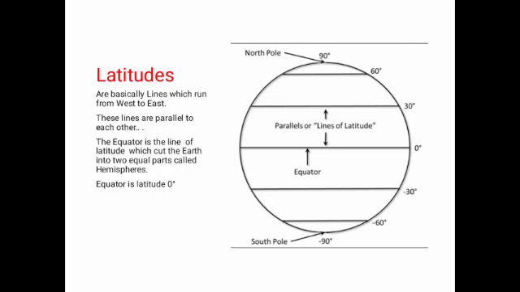Latitudes on top of 0 degrees are always heading towards the North Pole, and latitudes below the equator are always heading towards the South Pole.